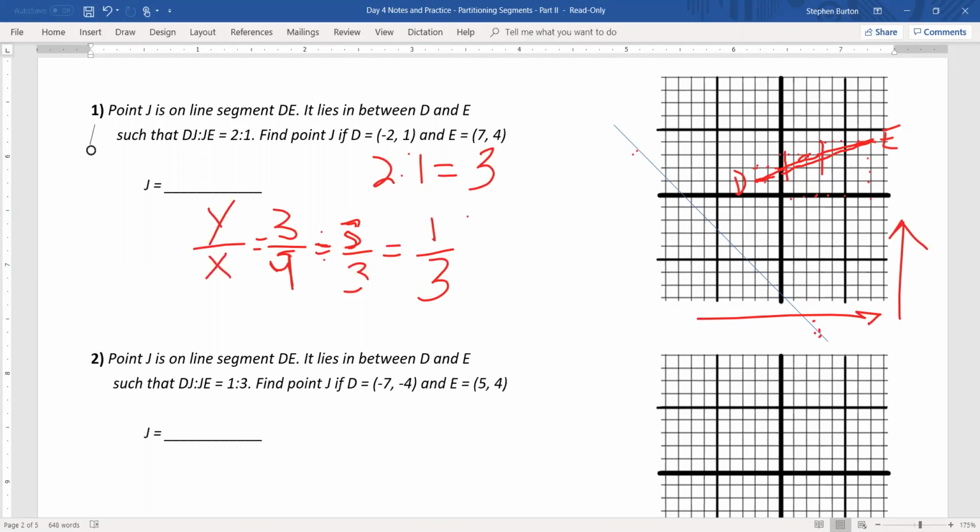So if we go from D, we just add, say -2, 1. That's point D. Now if I add these, because this is my X, this is my Y, I add 3 here, and I add the 1 here. Okay, -2 plus 3 is 1, 2. So point J should be at 1, 2.